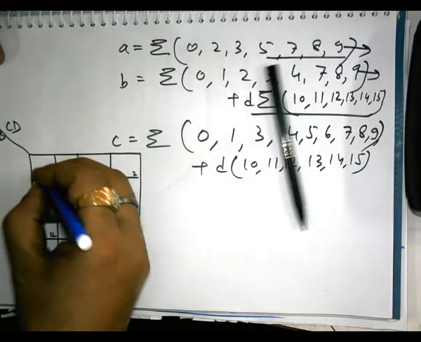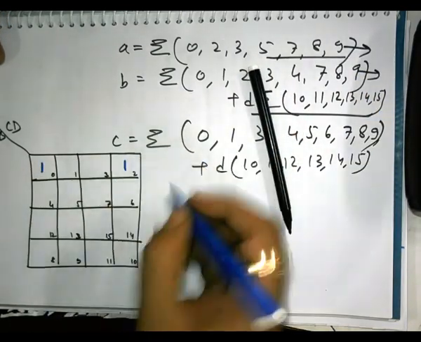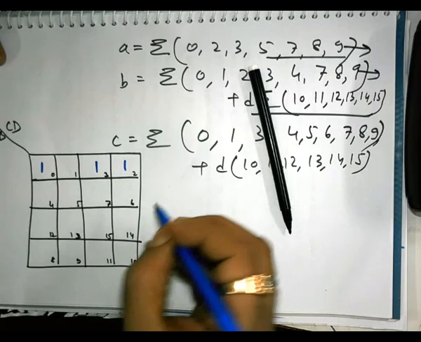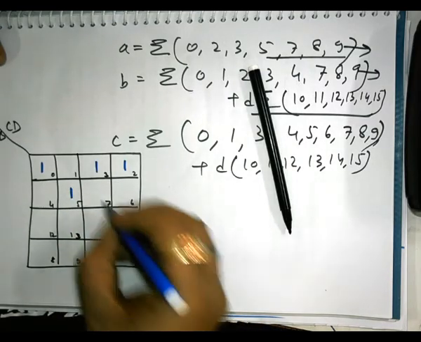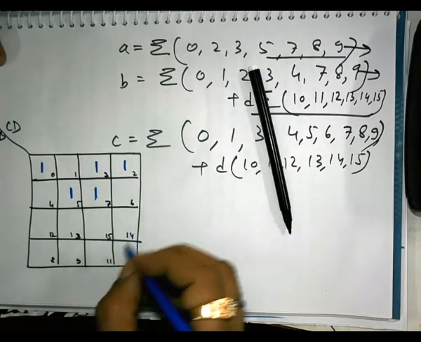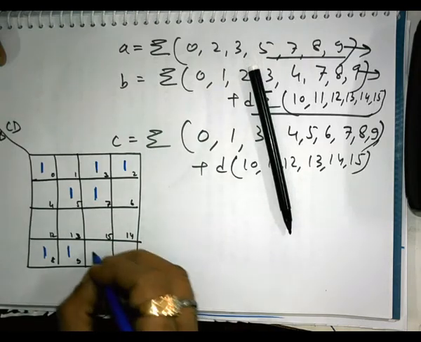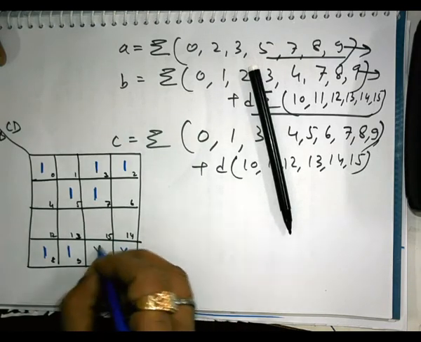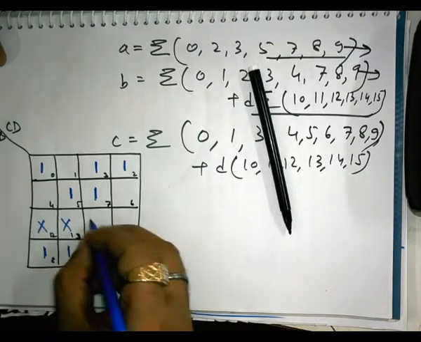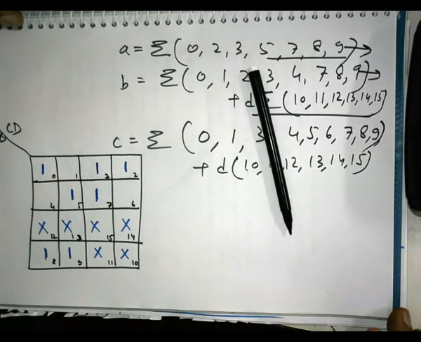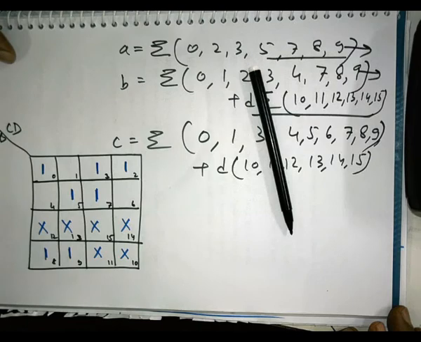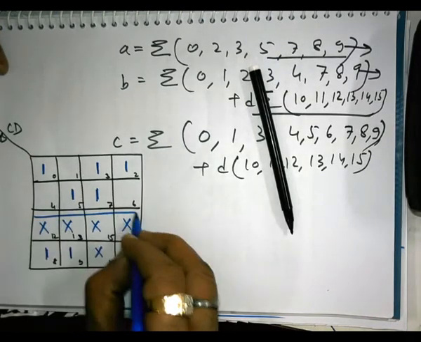In 0, 2, 3, 5, 7, 8 and 9, and 10, 11, 12, 13, 14, 15 are don't care. Okay. Now you can very easily form the group. This is one of the group.